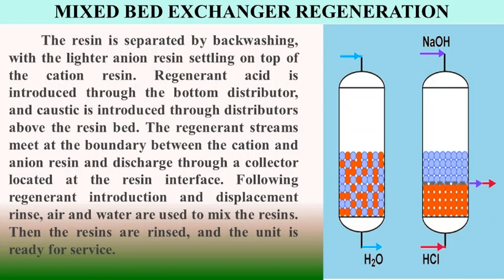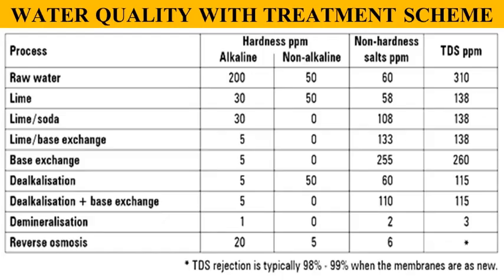The regenerant streams meet at the boundary between the cation and anion resin and discharge through a collector located at the resin interface. Following regenerant introduction and displacement rinse, air and water are used to mix the resin again, and then when it is rinsed, the unit is ready for taking into service again.